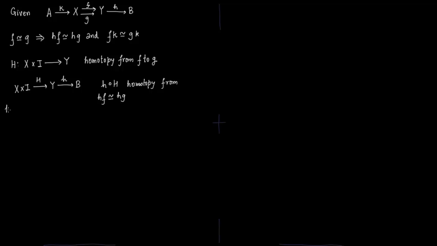So you can simply see this. You first plug in 0, you get hF, because H of X comma 0 is F, and X comma 1 will give you G.